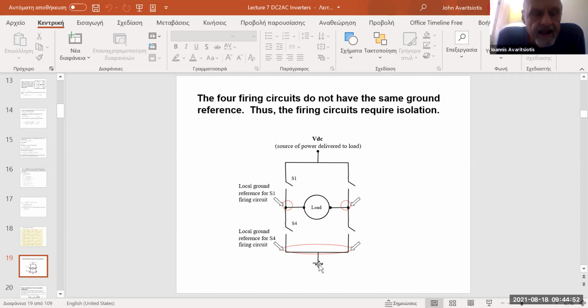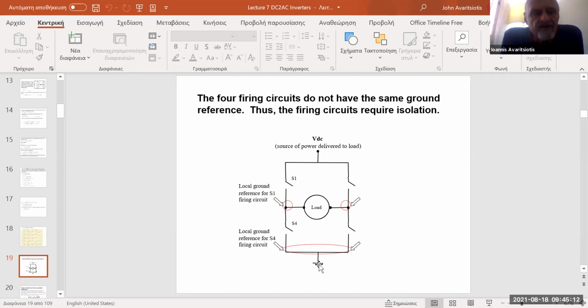So in order to turn on transistor S1, which acts as a switch S1, we have to do something similar to what we did, if you remember, with the firing of the thyristors.